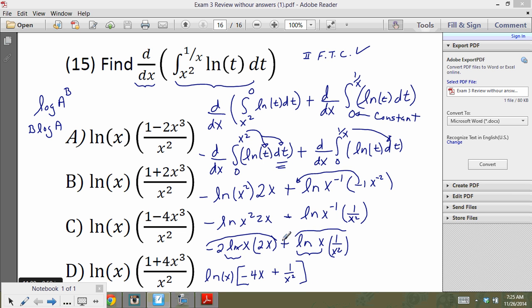The only thing left to do is to combine these two things. You can see through all your choices that they made them all into single fractions. And this has a denominator of x squared, and of course the negative 4x has a denominator of 1. So I'll just go sideways on the page here now. And I'll have natural log of x.